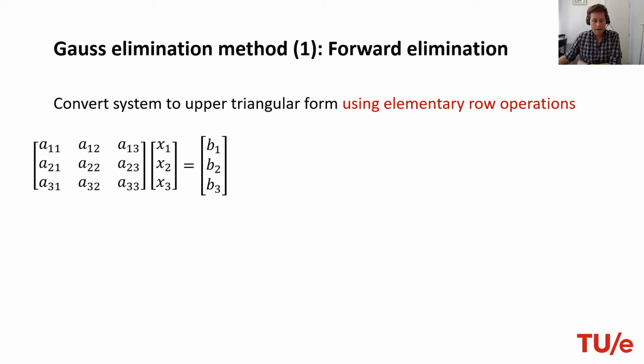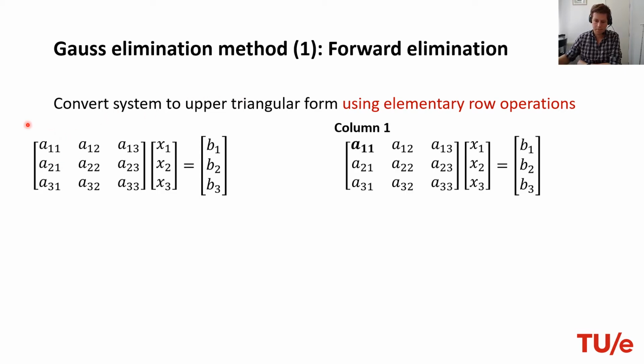Let's first look at an example, a specific way in which we can convert this system AX is B, a dense system, into an upper triangular form. We start by selecting each of the columns, beginning with column 1, where we try to remove all the non-zero entries below the main diagonal.